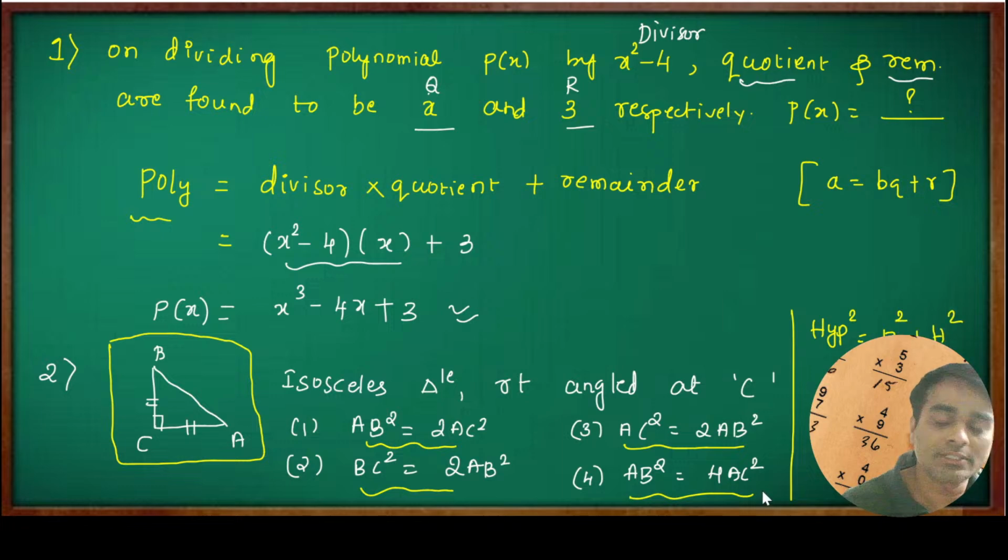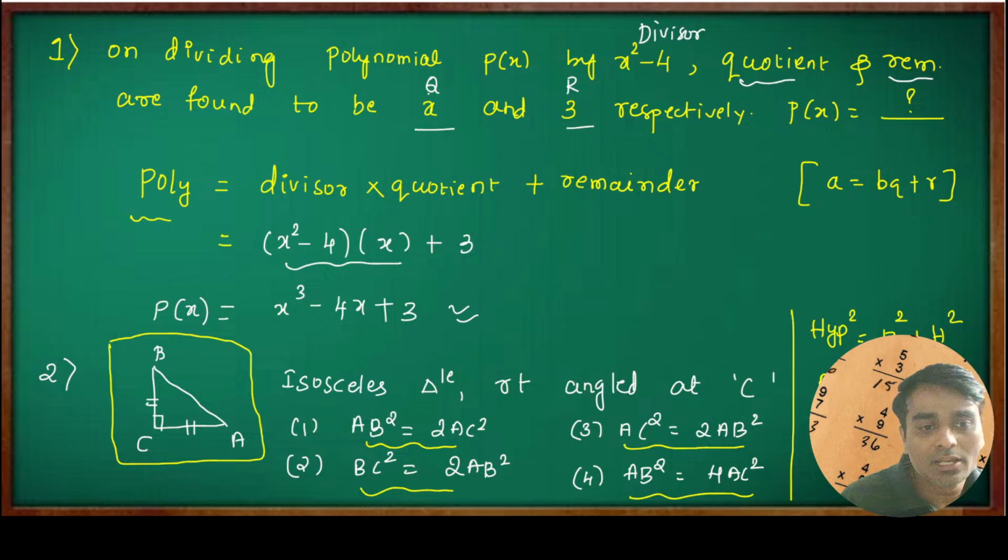Here your hypotenuse is AB. So AB square equal to your base, which can be anything, BC or AC, no problem. I will write AC square, then BC square.